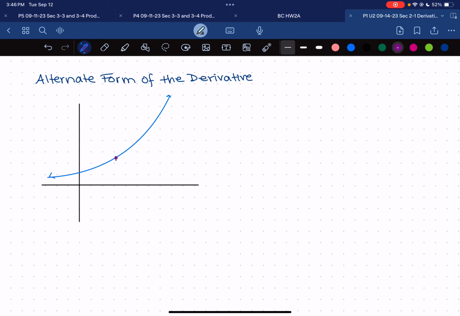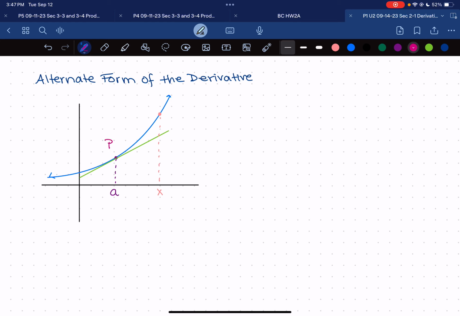This time, rather than just putting a random x, I'm going to say that we're finding the slope of the tangent line at a constant, a. And then this point right here will move.